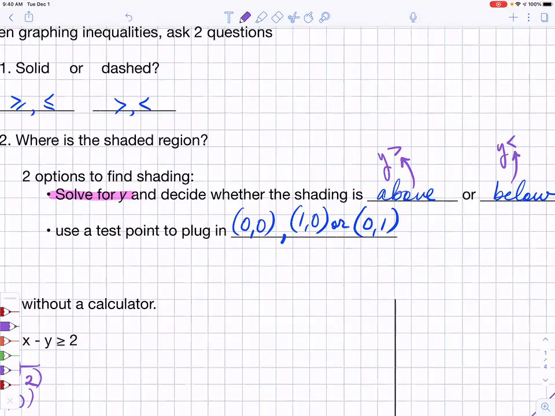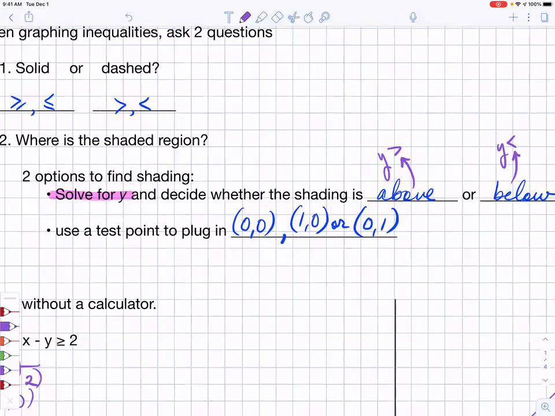Now, here's the thing. What's the test point for? The test point's going to tell me what side of my figure I get to shade on. Well, if my test point 0, 0 is right on the line, I don't know if I'm supposed to shade on one side or the other because it's on the line.